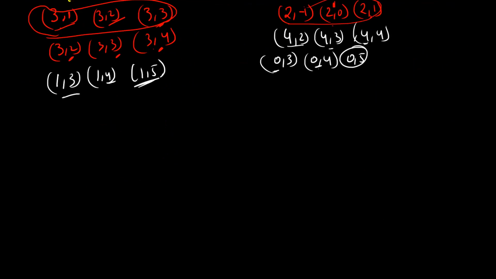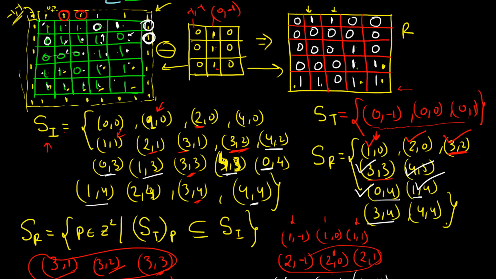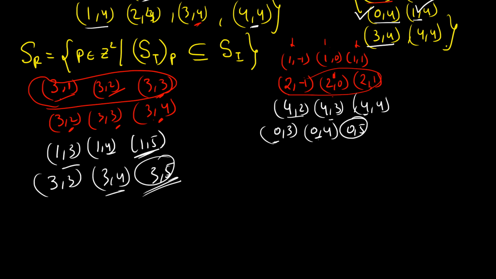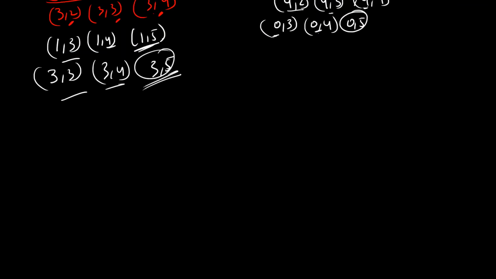Similarly (3, 4) will get the translated set as (3, 3), (3, 4) and (3, 5). So (3, 5) is present by default. Let's check (3, 4) and (3, 3). (3, 4) is present, (3, 3) is also present. So (3, 4) also checks out. Let's check (4, 4).